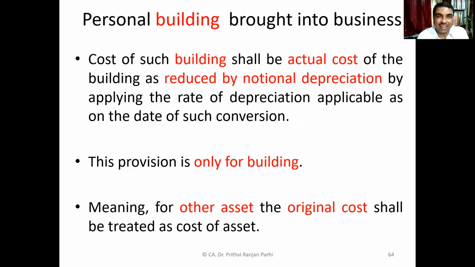In that case, actual cost of the building shall be reduced by notional depreciation. That means you have to imagine what would have been the depreciated value of that building, and that will be taken as the cost of the building. Okay, mind you, this provision is only for building. For all other assets, original cost can be treated as the cost of asset.